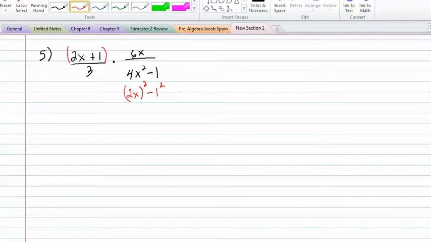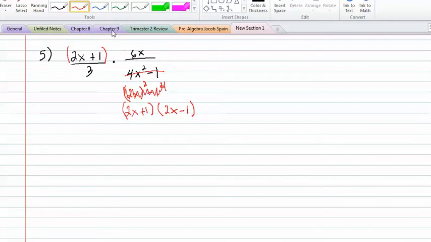Did I just rewrite this expression or quantity as a difference of squares? And I did. I'm not going to use that anymore. I'm going to use 2x plus 1 and then 2x minus 1. That's what I just created by going step by step, breaking it down and factoring it.